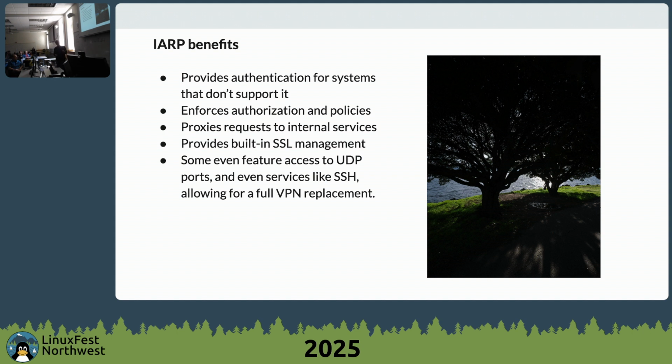And on top of that, I've seen ones where you can do the login, and then it will actually let you do internal SSH. So people are getting more and more complicated at this. At the very beginning, it was just, we need to log into a web server. People are getting more complicated where it's a full-on VPN replacement.